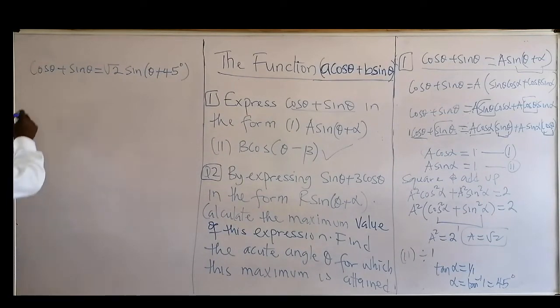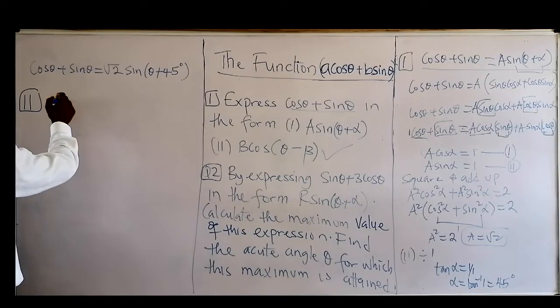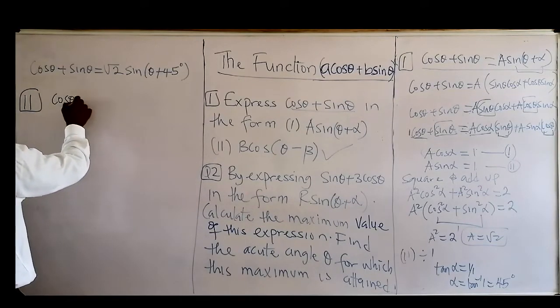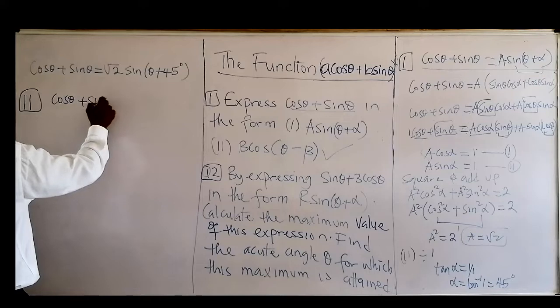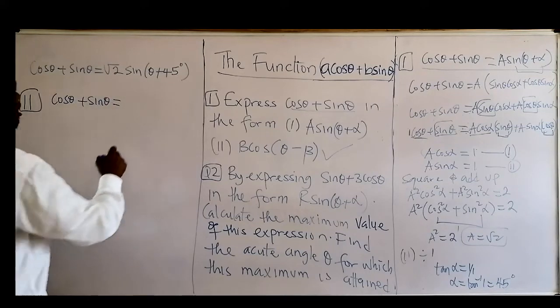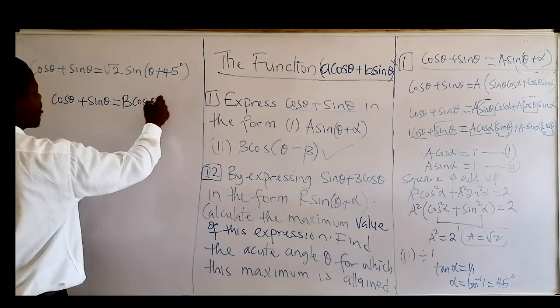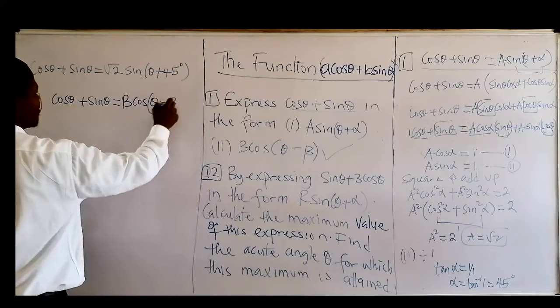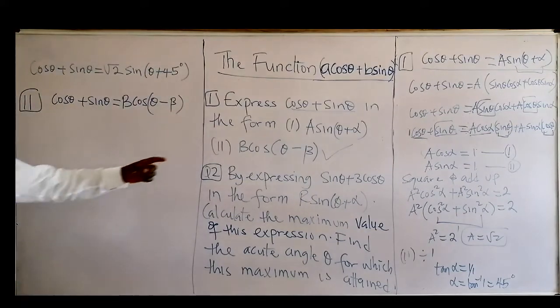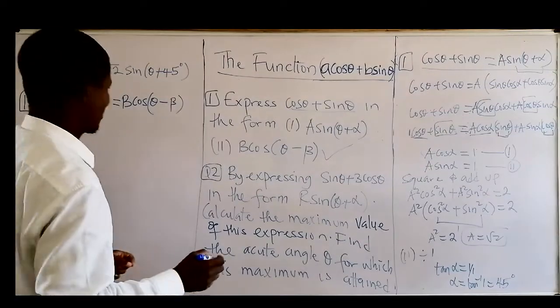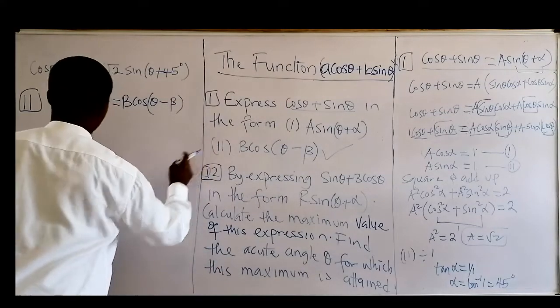Question 2. So cos theta plus sine theta equals b cos(theta minus beta). That's the form we are told to use in the second part of question 1.